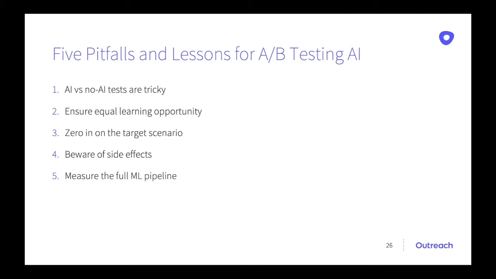You need to be able to detect side effects. Perhaps you are improving one aspect of your machine learning model and accidentally affected something else. And you also want to be able to measure not just the final output, but all of the different steps, because often a production machine learning pipeline is not just one model, it's many models strung together, and you want to know the impact of each step on the final result.